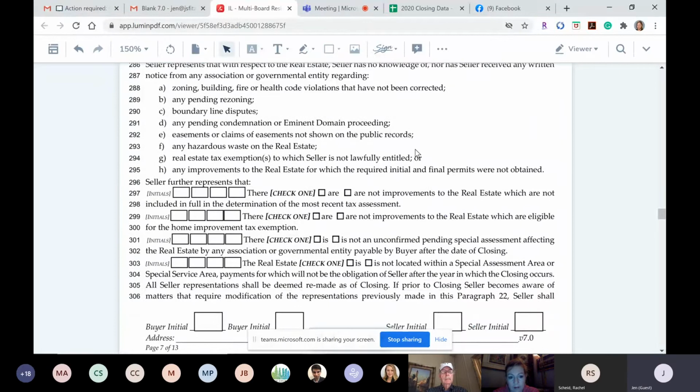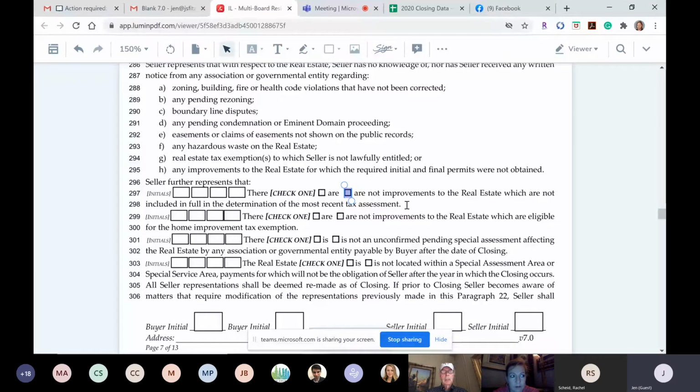You're going to, as the selling agent, when you get this offer back, have your buyers pre-initial these things, but you're going to want the seller to state that there are hopefully no improvements to the real estate which are not included in the most recent tax assessment.